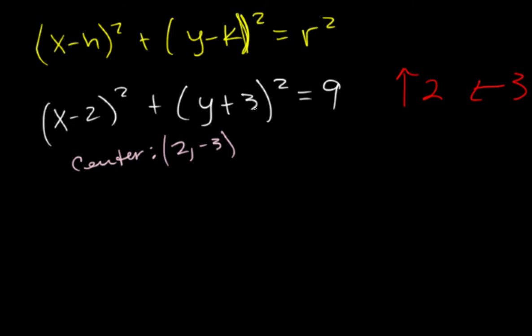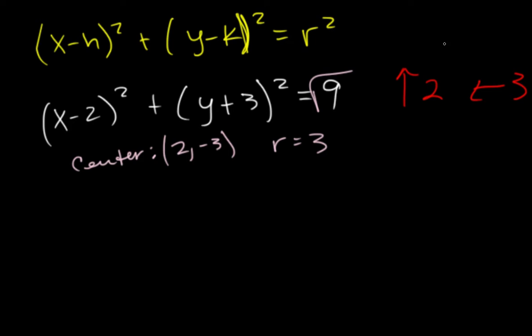Once again, I changed the signs of those two numbers. And my radius is whatever I get when I square root that number. And so my radius is 3. So that's for my original circle.